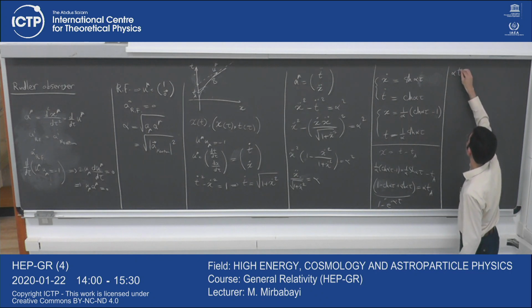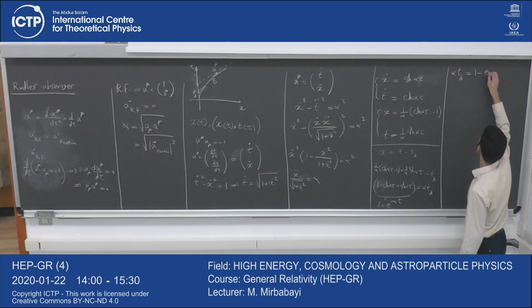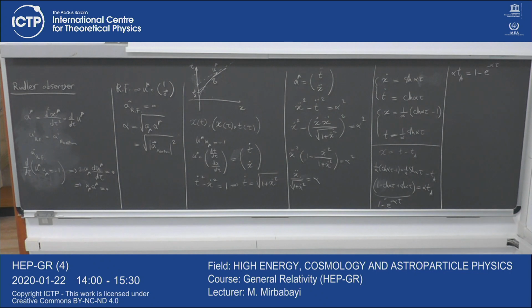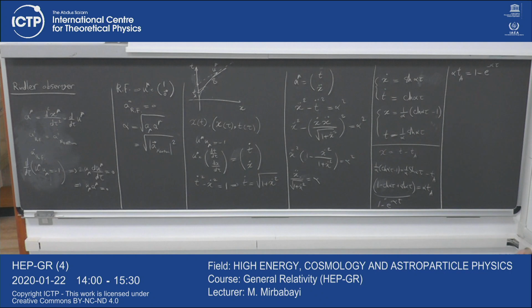So once again, we have alpha times t_A equal to 1 minus e to the minus alpha tau. So we already can see one thing: there will be a last signal. Well, we could also see it from here. It's a hyperbola, so it has an asymptote. Or we can see it from here.